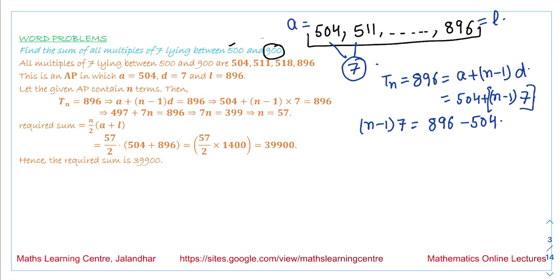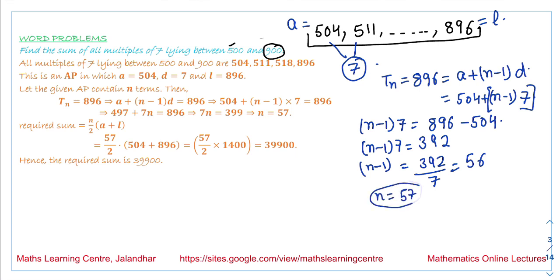On subtracting these two values we get 392. So n minus 1 is equal to 392 by 7, which is 56. So n is 57.